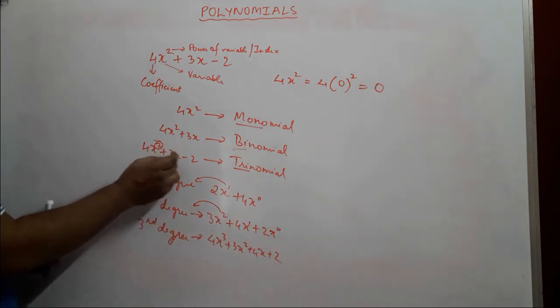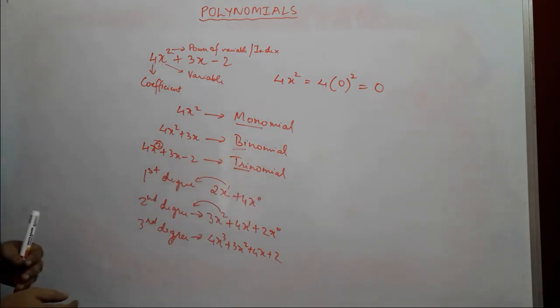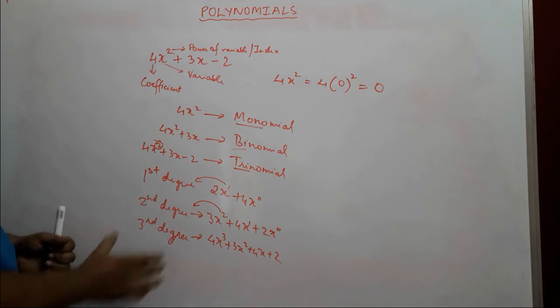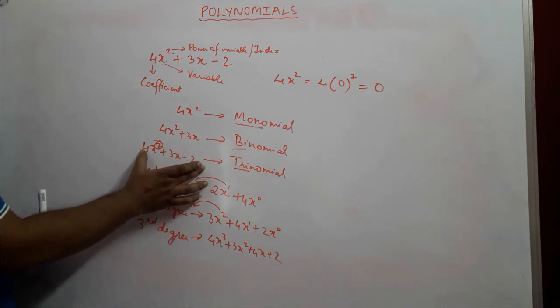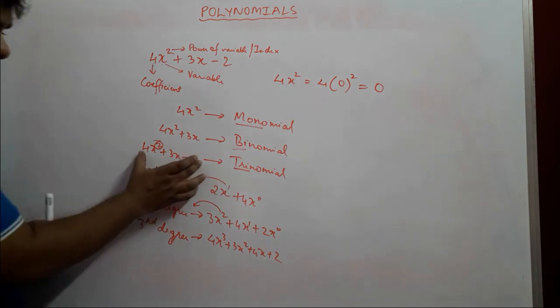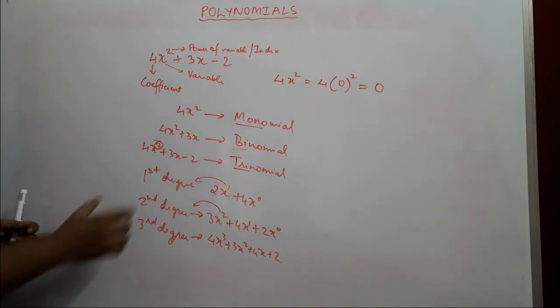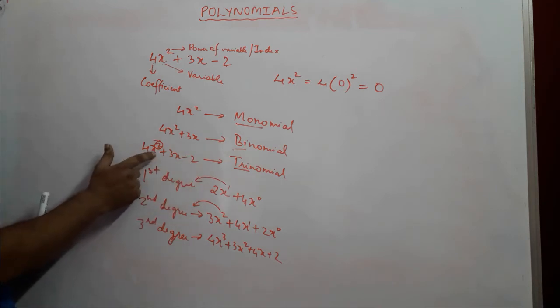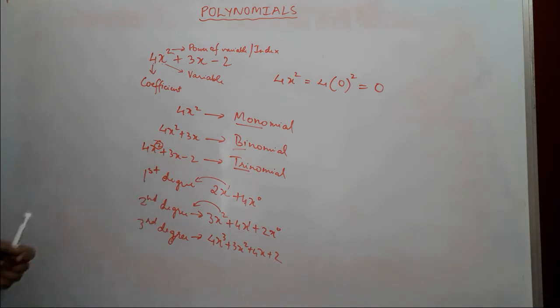Here we are only referring to the number of terms. Okay, because if we take for example this one over here, this is a trinomial because of the number of terms, but the degree of this polynomial is 2. So it is a second degree polynomial.